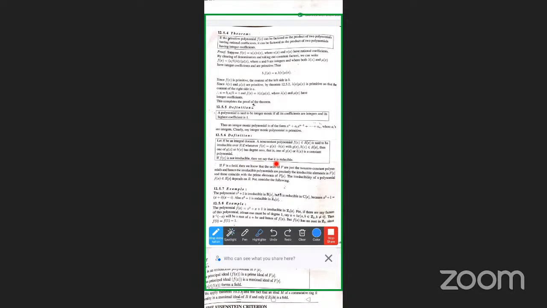So the irreducible polynomial definition: f(x) can be written as a product of two polynomials, f(x) = g(x) h(x).